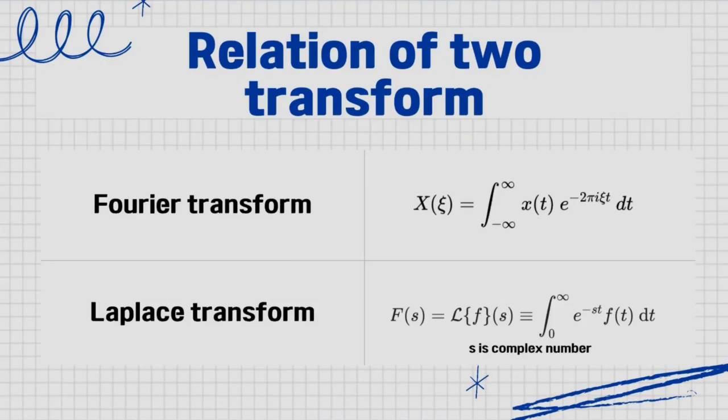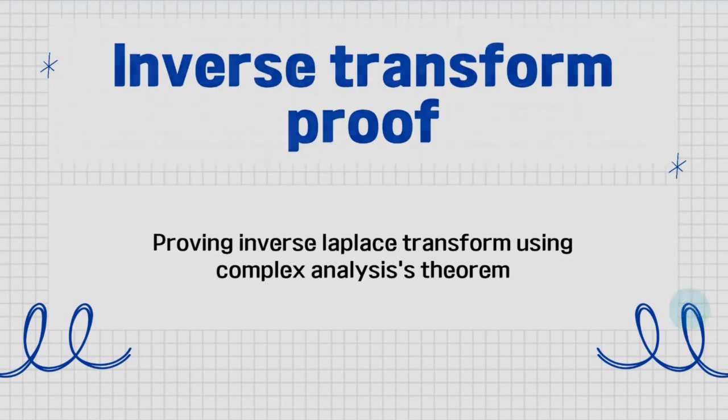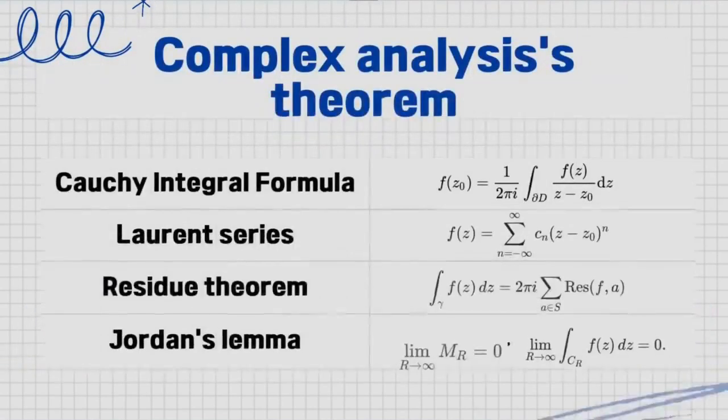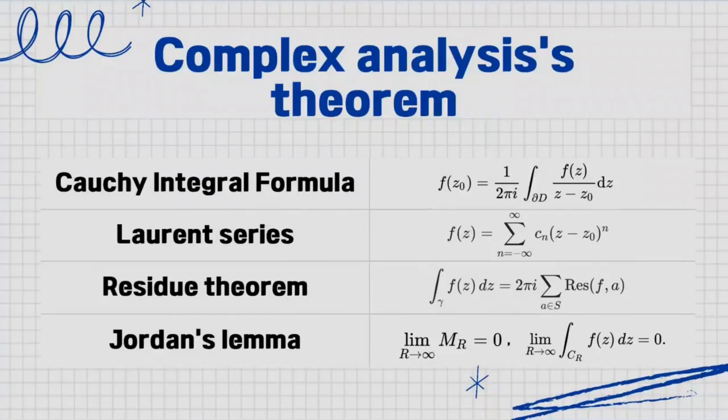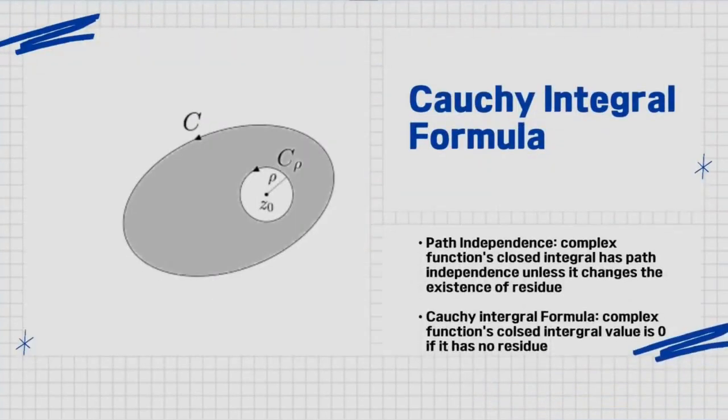Now that we know about Laplace transform, I'm going to explain the inverse transform. Before explaining it, a basic understanding of complex analysis and inverse Fourier transform should be followed. I'll use these four theorems to explain the inverse transform. First, this is the Cauchy integral formula.